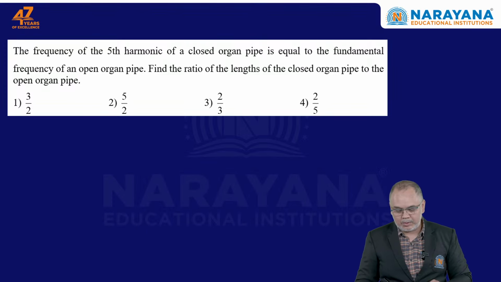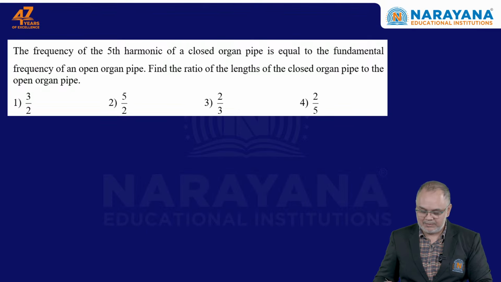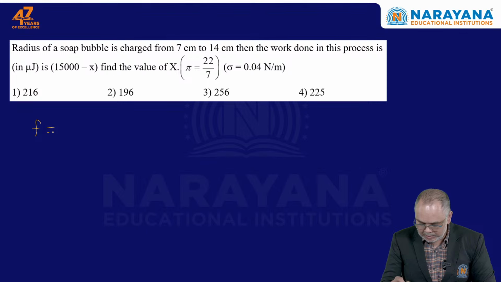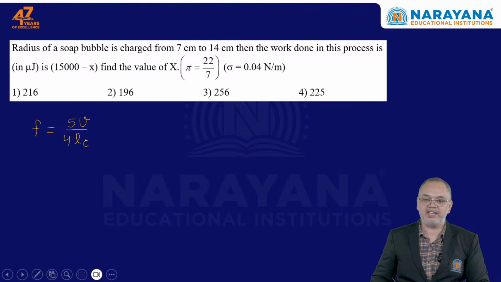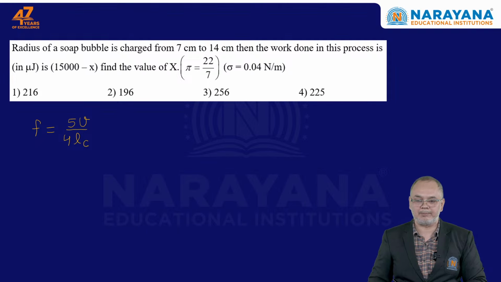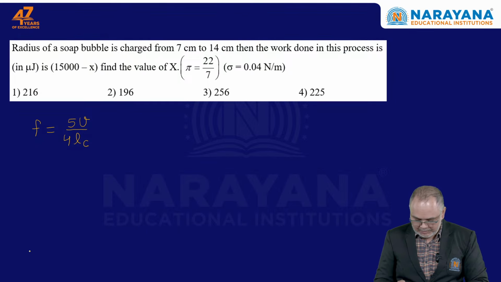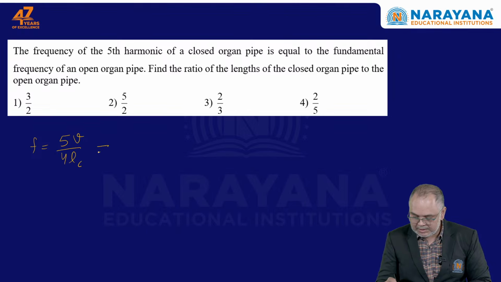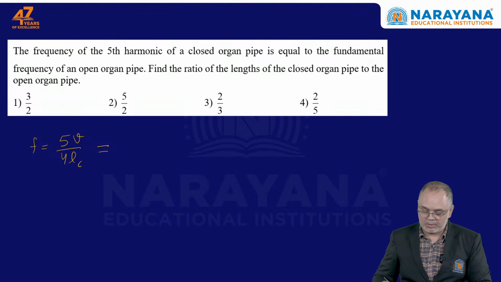So for the closed organ pipe, the fifth harmonic frequency we can write is F equal to 5V by 4 LC. LC, I'm assuming, is the length of the closed organ pipe. And the fundamental frequency of the open organ pipe is also equal to this one.